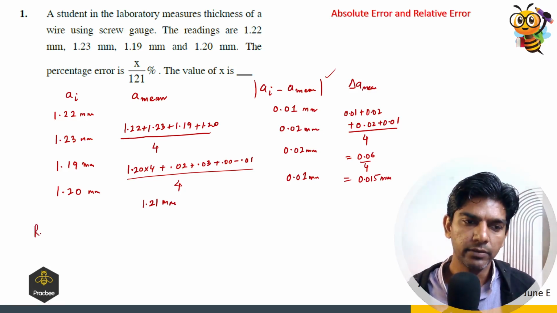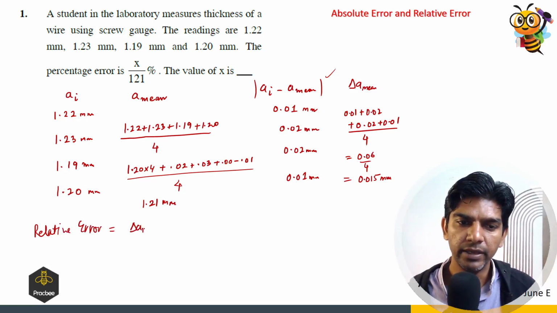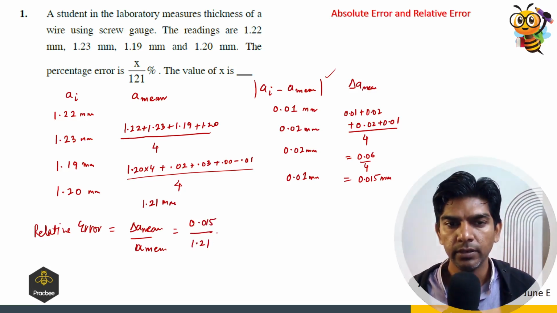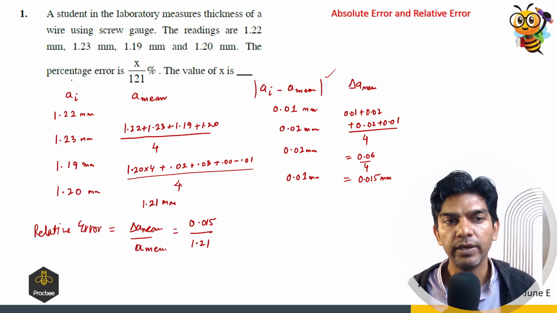So relative error is defined as delta A mean divided by A mean. This comes out to be 0.015 divided by 1.21. And here we have to find the percentage error.